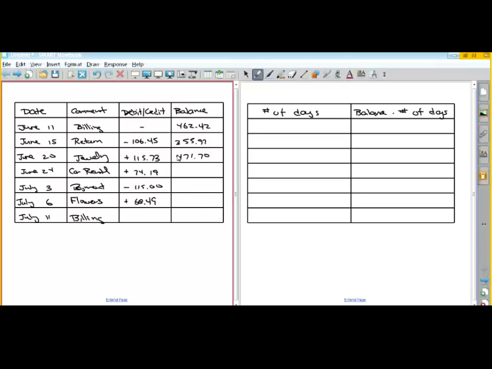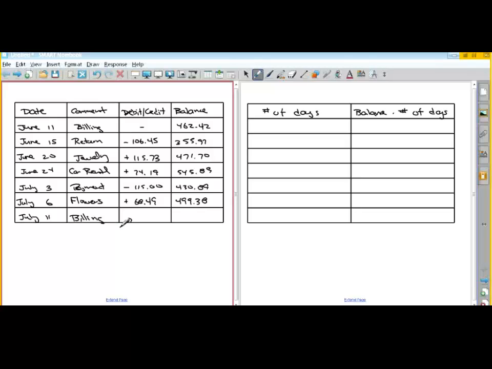Now we're going to add another charge for the rental car. So that's $545.89. Then we're going to subtract our payment. That brings the balance down to $430.89. Then we're going to add the charge of flowers, which is $499.38.